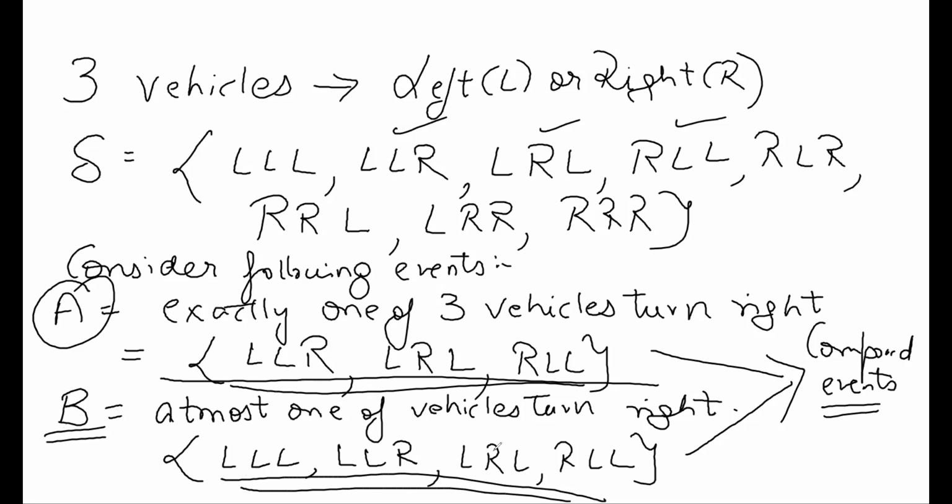Now, to understand the note, suppose this experiment was actually conducted to see whether the vehicles take left or right on the freeway exit. Suppose the outcome came out to be LLL.